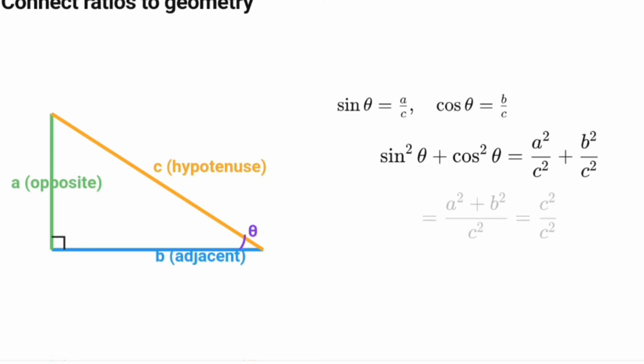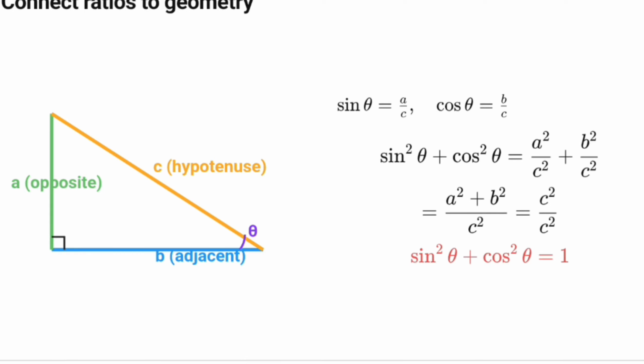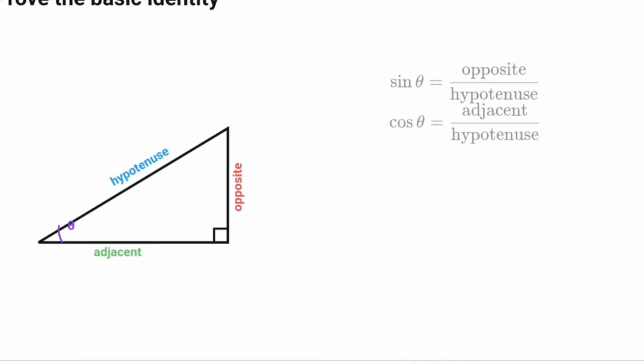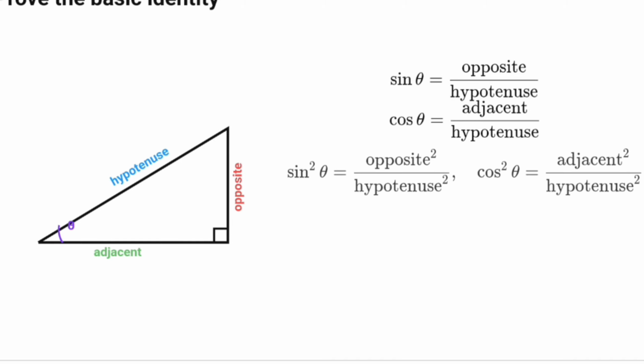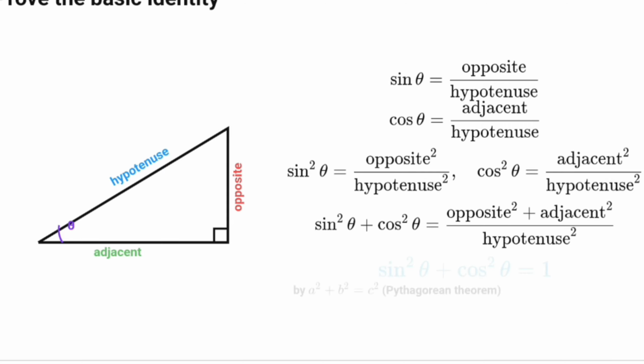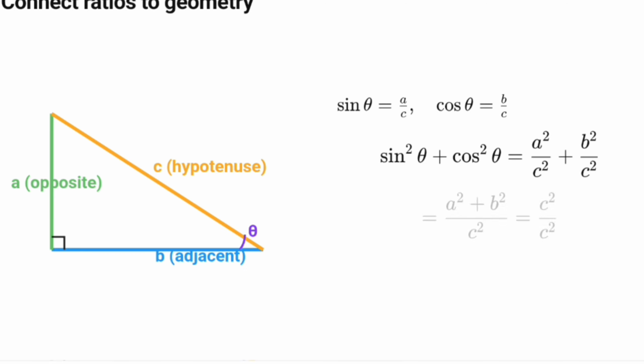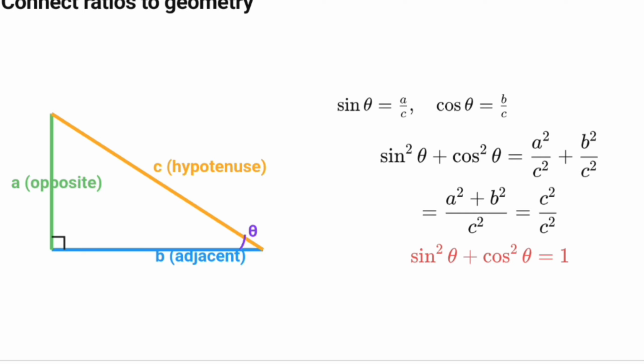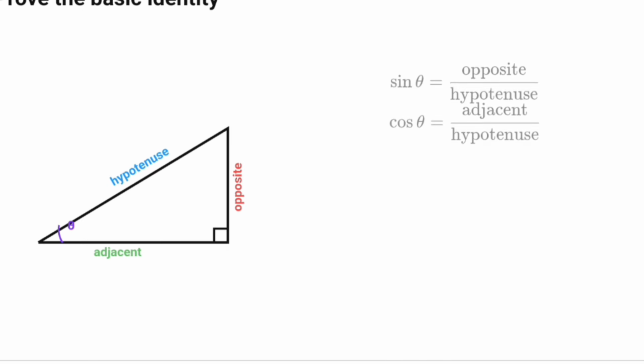Using sine as opposite over hypotenuse and cosine as adjacent over hypotenuse, squaring both ratios gives opposite squared over hypotenuse squared and adjacent squared over hypotenuse squared. Adding them gives opposite squared plus adjacent squared over hypotenuse squared, which equals 1 by the Pythagorean theorem. So sine squared of an angle plus cosine squared of the angle equals 1.